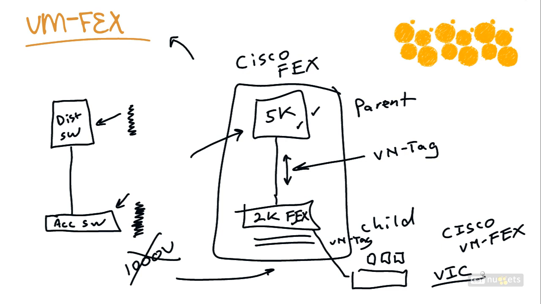The VN tag can be used between the dynamic virtual NIC and the fabric interconnect, and then this information can be communicated upstream to our upstream devices. Remarkable the advancements that have been happening rapidly in these particular technologies.